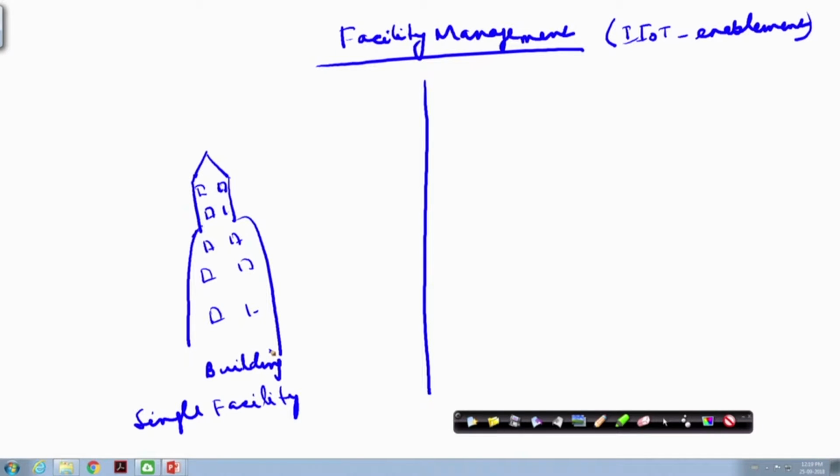This building will have an owner. This building has different rooms, different departments, different offices, different infrastructure in them. These different units are going to be powered through electricity.